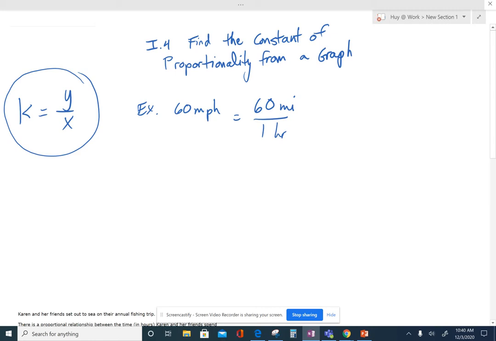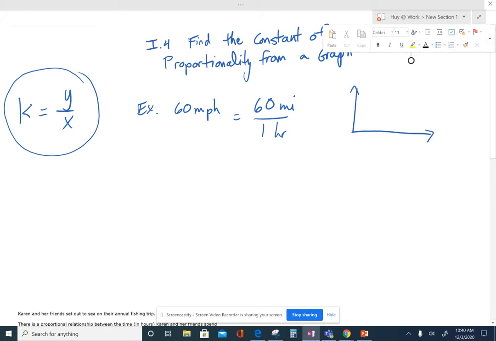And you could actually graph that by putting your miles and your hour and labeling it on your axis, right?